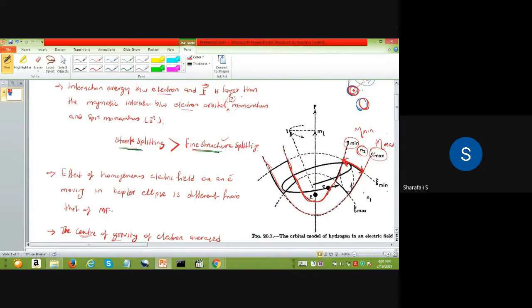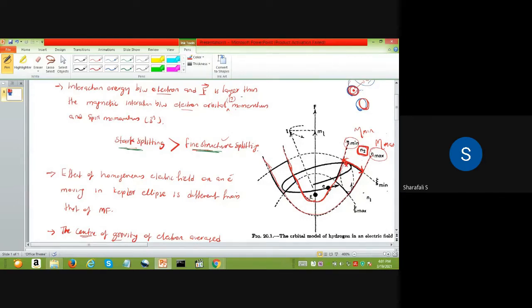So in between these two paraboloids, the electron's motion will be limited. The n2 quantum number will limit the motion of the electron between eta minimum and eta maximum.